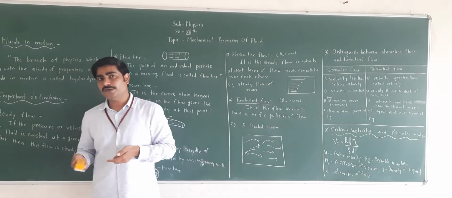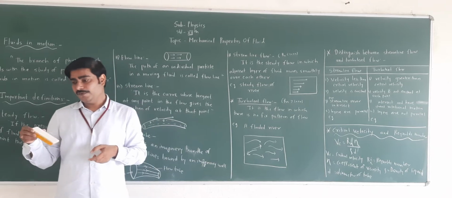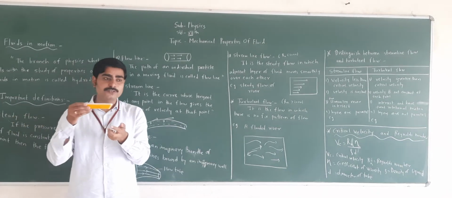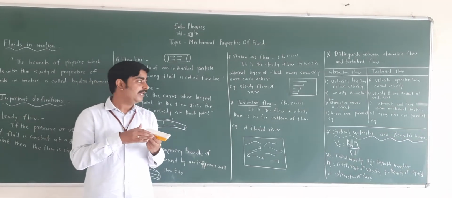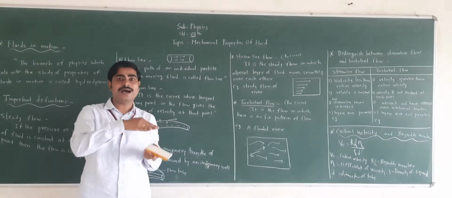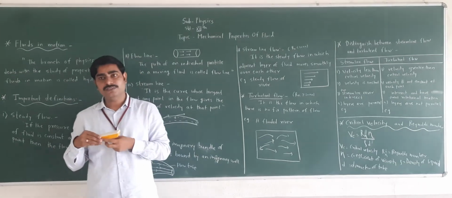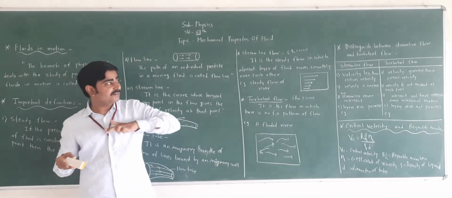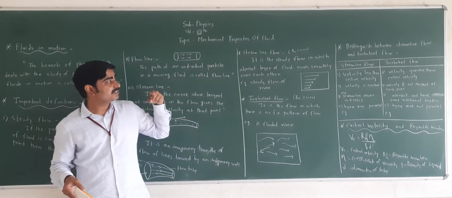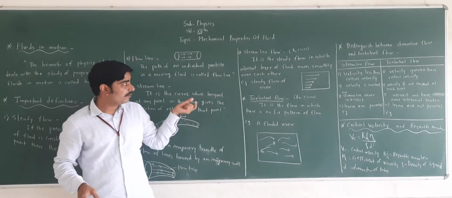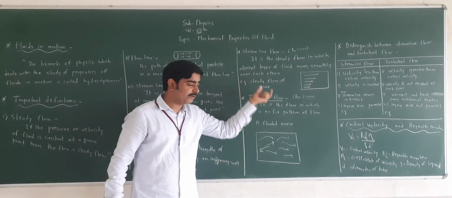So in simple words, I can explain this once again. When a liquid is moving with a constant velocity, then the different layers are created, and all these layers are moving with the same velocity, then that flow is known as a steady flow. Okay, so here we have taken the steady flow of river.